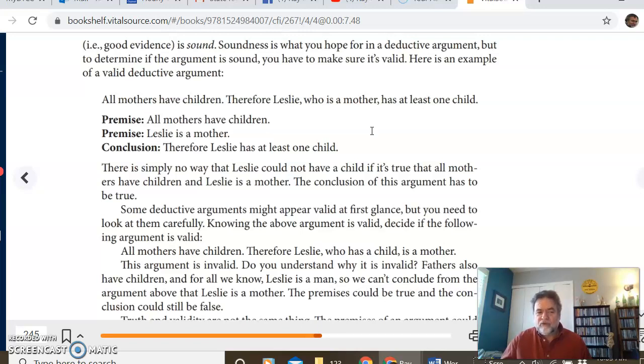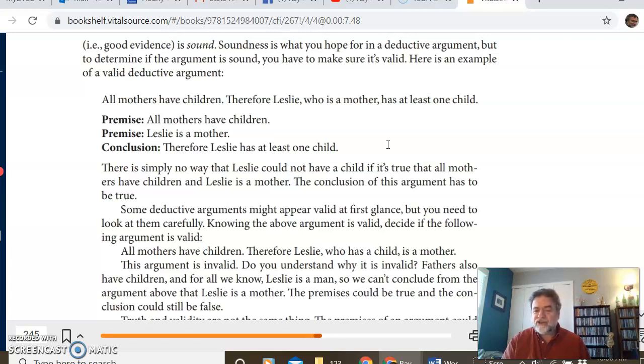I mentioned before that in induction, where we look at individual pieces of evidence and make a generalization, we draw a generalization that is the conclusion, and that conclusion is never definite. It's only highly probable. Hopefully it's highly probable, which we call cogent.